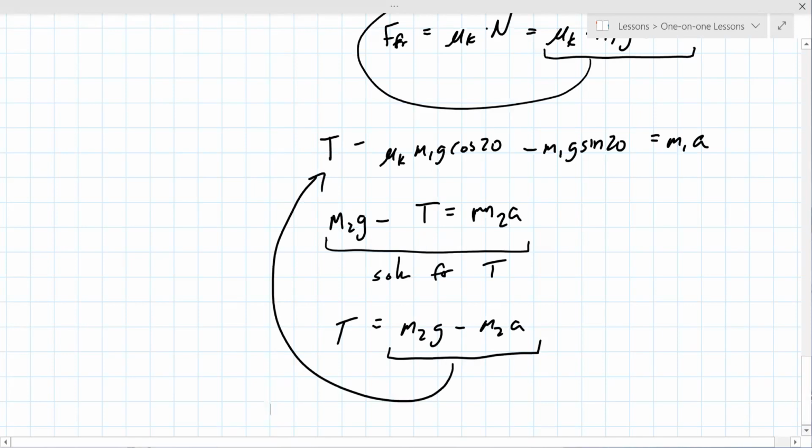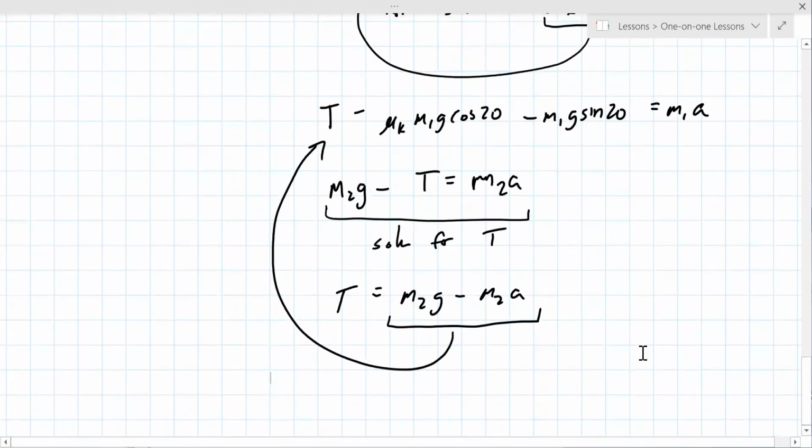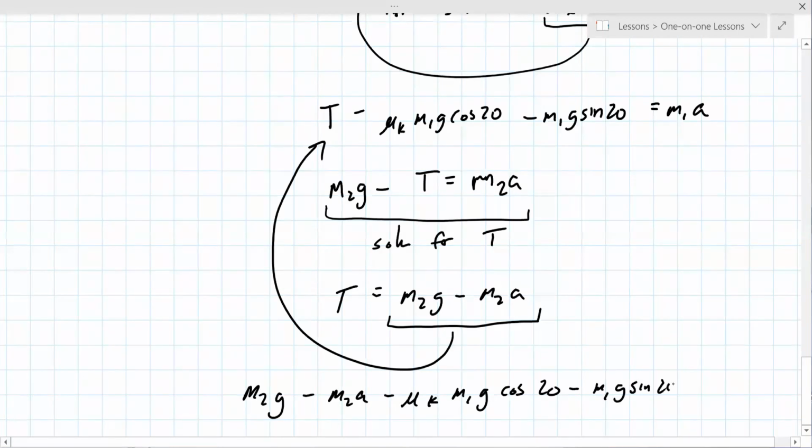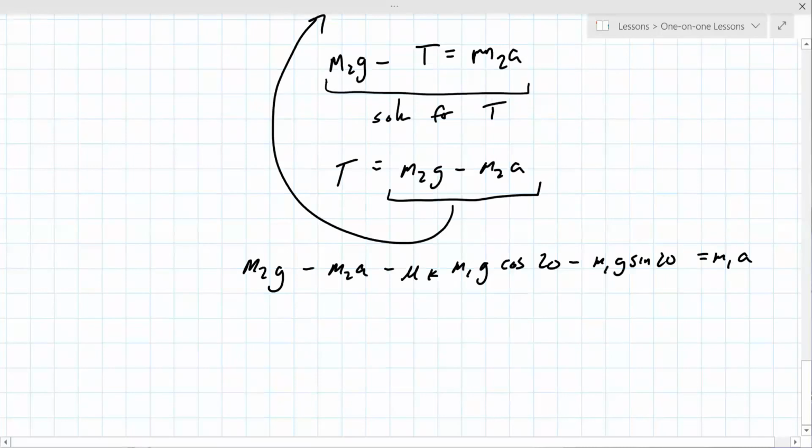I know it looks bad, but you have everything now. You have m2g minus m2a minus mu k m1g cosine 20 minus m1g sine 20 equals m1a. The only thing that you don't know here is a, and that's what you can solve for.